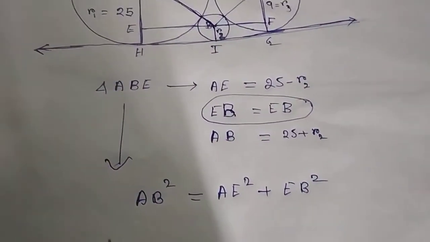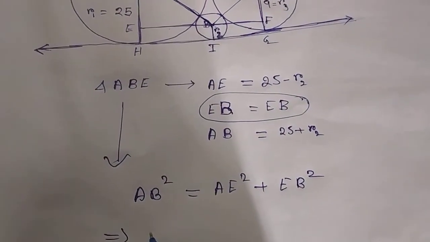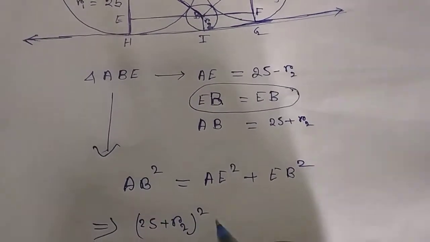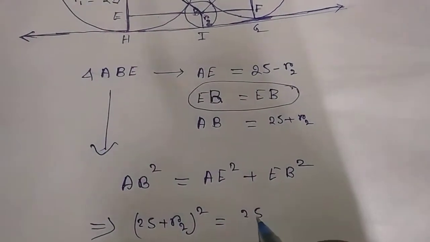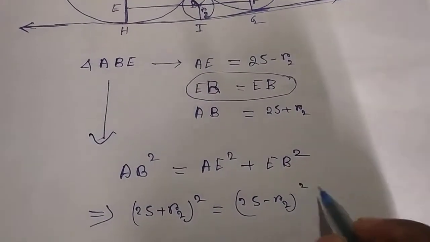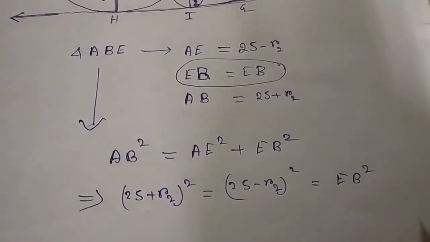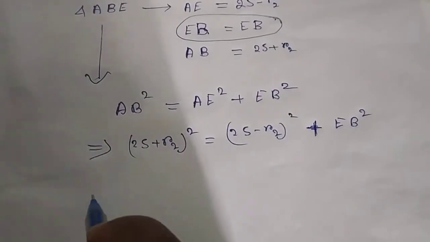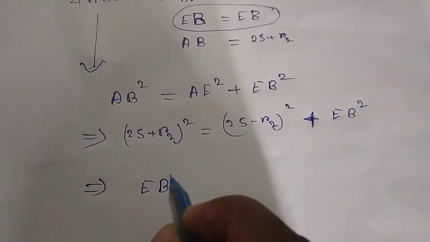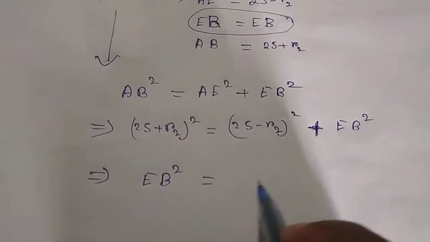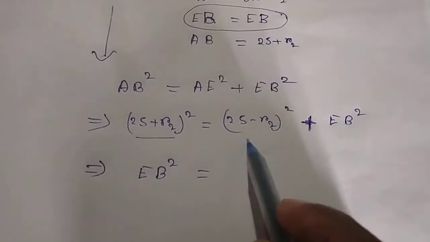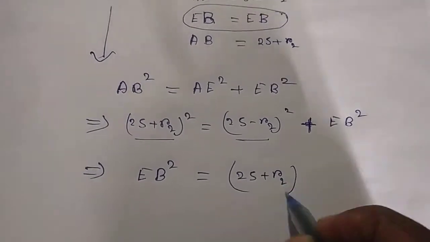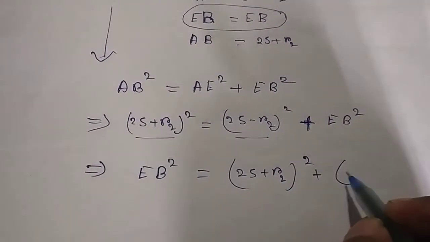Fine, so we have (25 + R2) whole square equals (25 - R2) whole square plus EB square. What is EB square? EB square is going to be this minus this, so we can write this way.